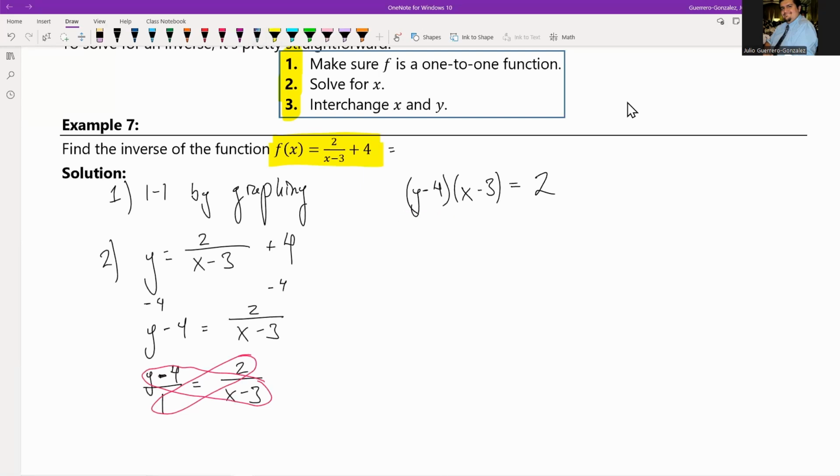It's being multiplied, so I can divide. So I can divide y minus 4 by y minus 4, right? This cancels this. I get left with this. x minus 3 is equal to 2 over y minus 4.